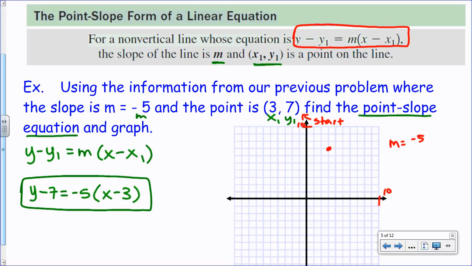And when I go to graph it, I want that as a fraction. So -5 over 1. So what directions do I move then? Okay, down 5, and then right 1. Remember, if you run out of room, you could always do opposite and go up 5 and left 1. In this case, it's better to go down. So down 5, right 1.